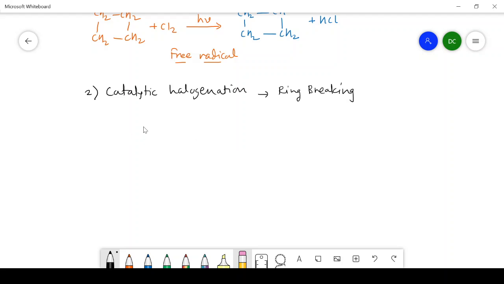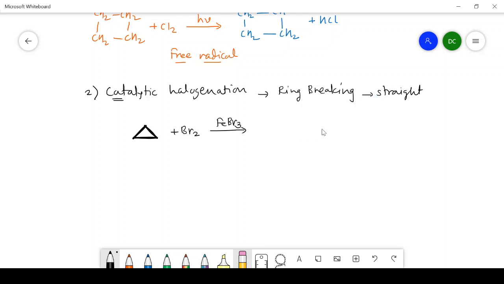So I will take the example of cyclopropane, when it is treated with Br2 in presence of catalyst. Here we have taken a catalytic reaction, that's why you have to write a catalyst. Now what happens? A ring breaking occurs and it will form a straight chain compound.